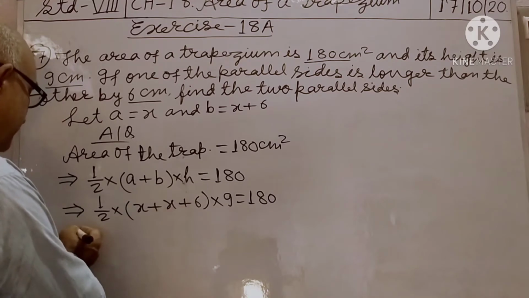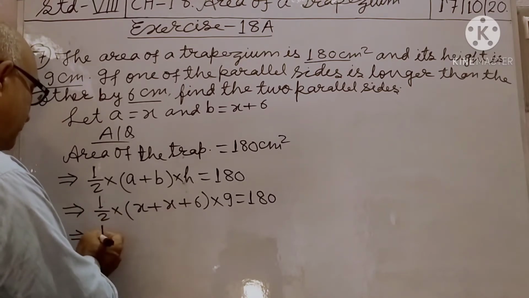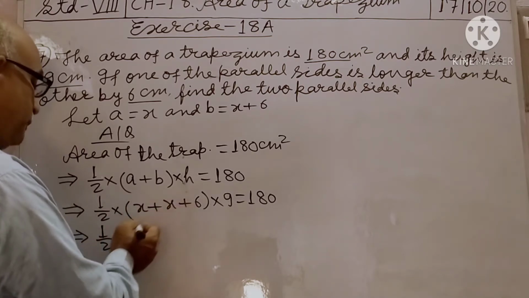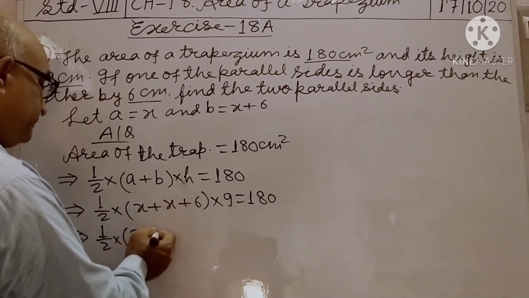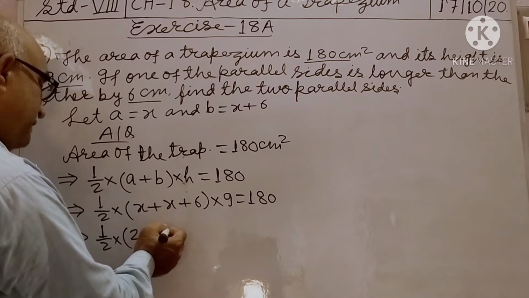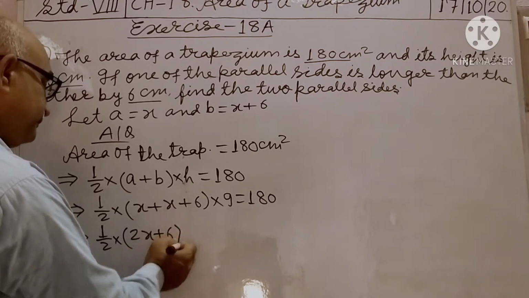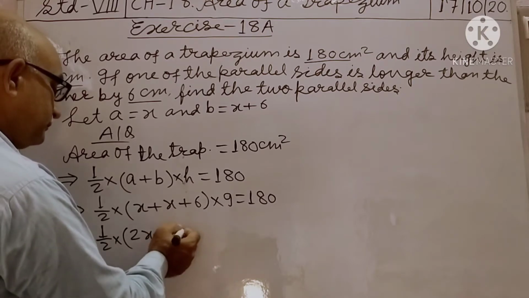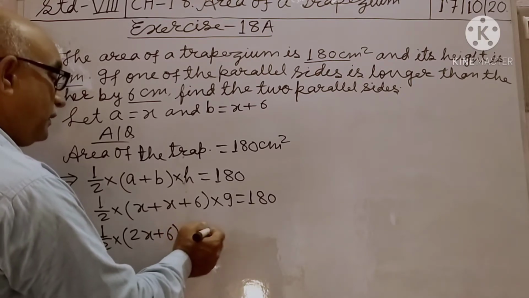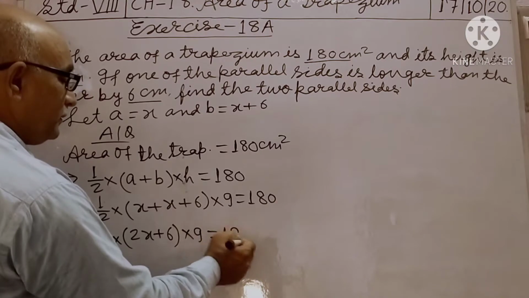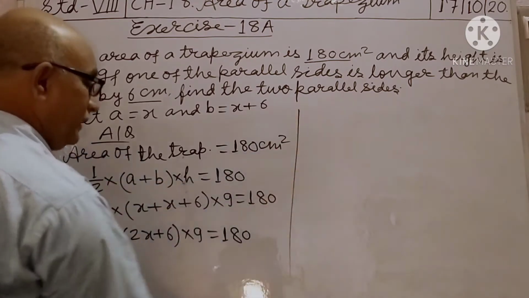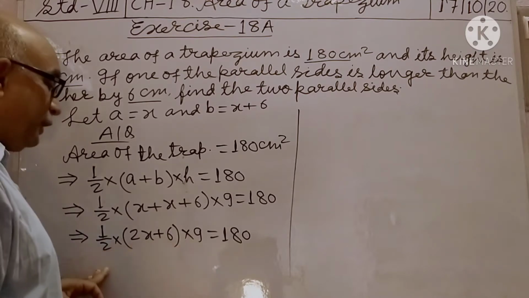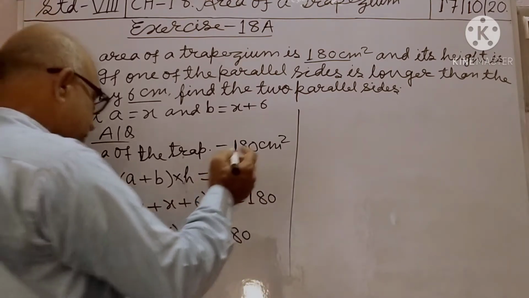Next step is 1 by 2 into x plus x, 2x plus 6, into 9 equal to 180.